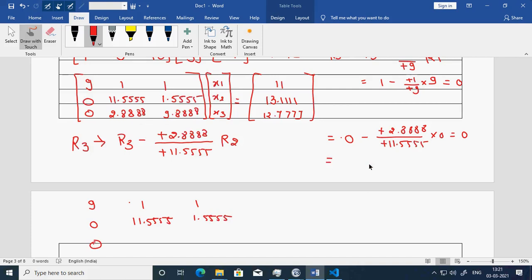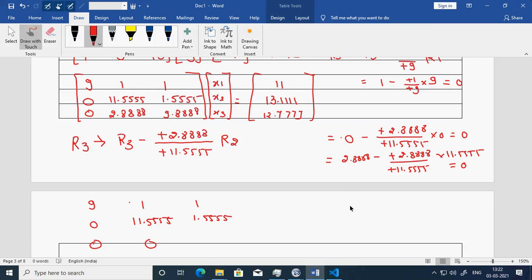Now 2.888 minus plus 2.888 divided by plus 11.555 into R2. So R2 is 11.555 and that comes out to be 0. So therefore I write 0 here.